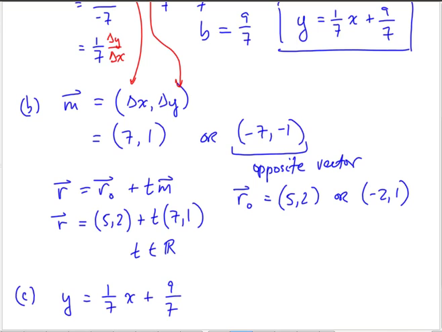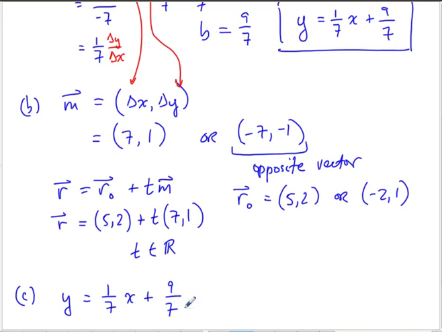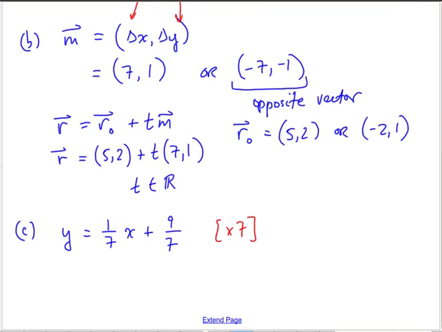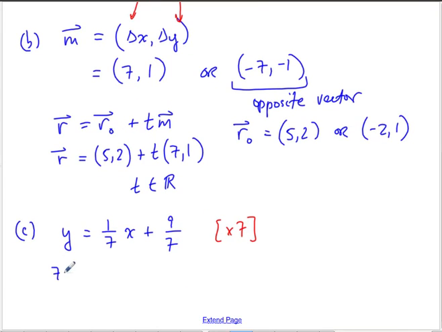Keeping in mind what I said before about wanting all of your coefficients to be integers, I'm going to get rid of all fractions immediately by multiplying through by 7. So I get 7y, and when I multiply this term by 7, I just end up with x, and when I multiply this term by 7, I end up with plus 9.